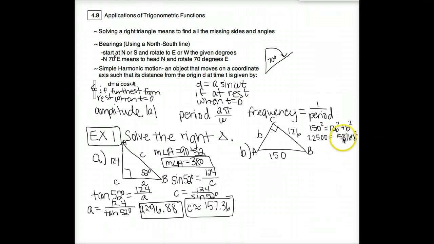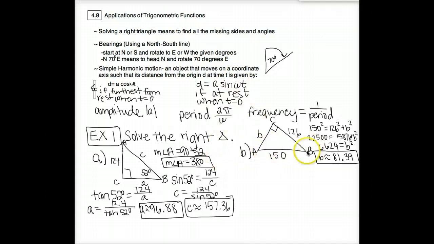So subtract on both sides, and that gives me 6,624 as my b squared. And then I square root it to find the value of b, which to the nearest hundredth is about 81.39.